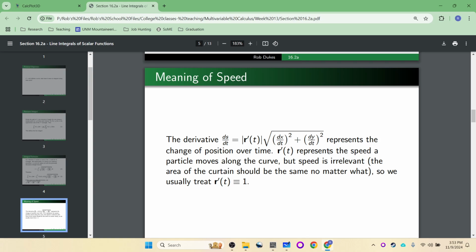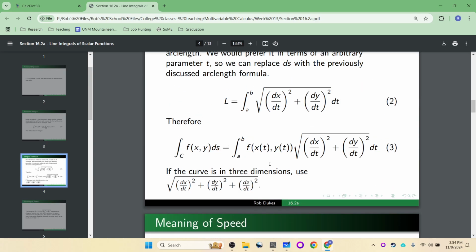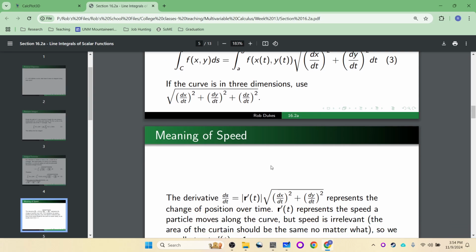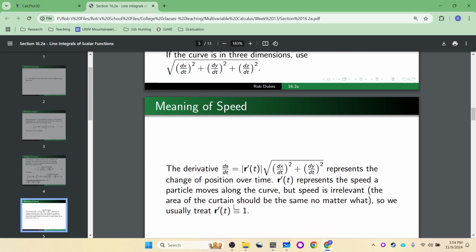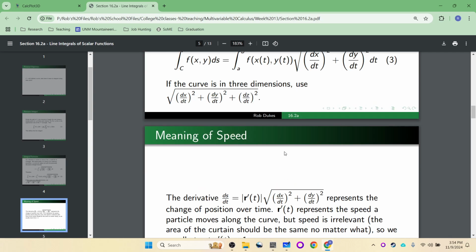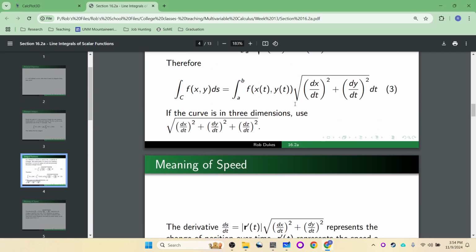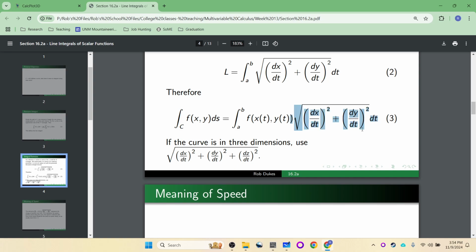We're looking for the area of a curtain. It should not matter how fast we run along the curve. We should get the same area no matter what. So usually we want to treat the speed as being 1. If it's not 1, then we have to take account of it like this.